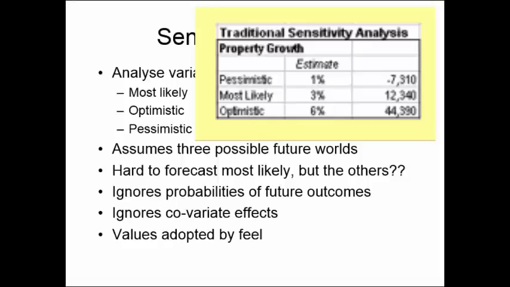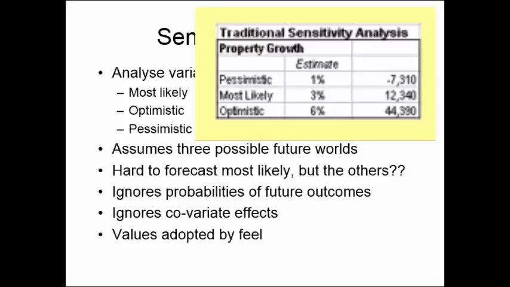However, this is plainly absurd. And so by specifying the extremes between the optimistic and pessimistic values, we're implicitly asserting something that we really don't know, the knowledge of the exact limits of what variation is possible in the variables. This is known as the 3-world problem.